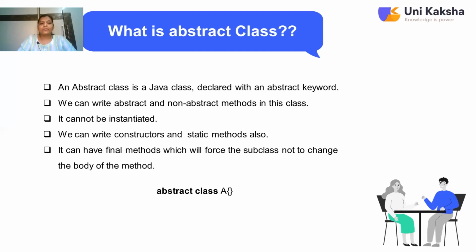So this is all about the things you have to remember while writing abstract classes. This is one example of writing an abstract class: abstract is a keyword, class is again a keyword for declaring the class, A is the name of the class, and then opening and closing curly brackets. Inside that you can write the code. So this is all about the abstract class.